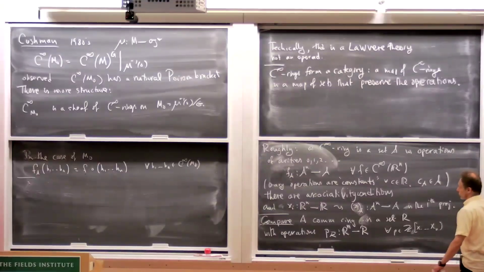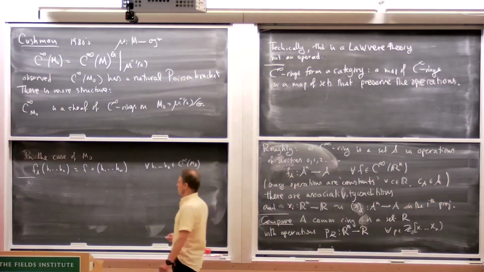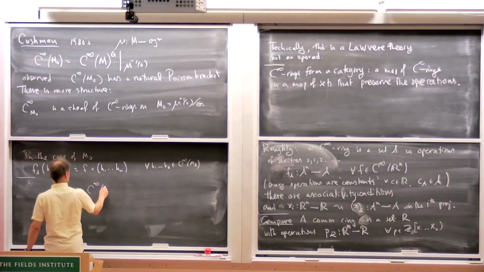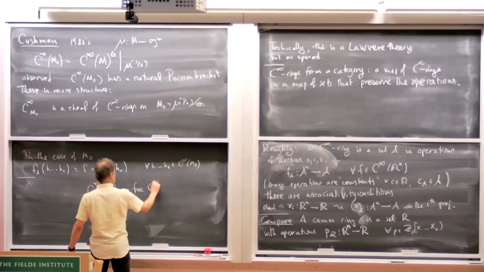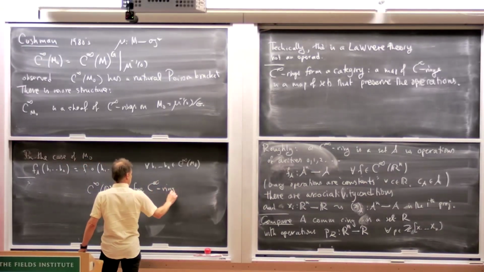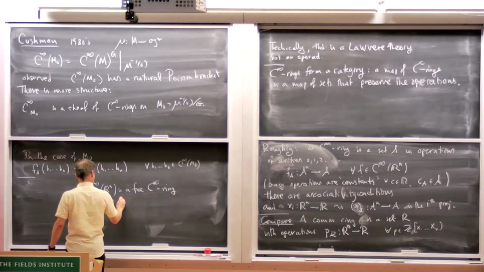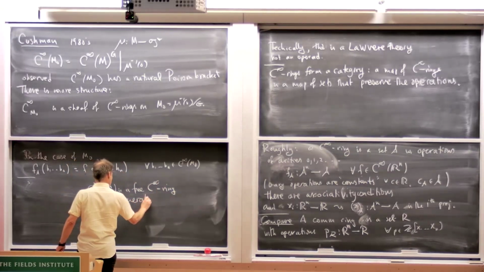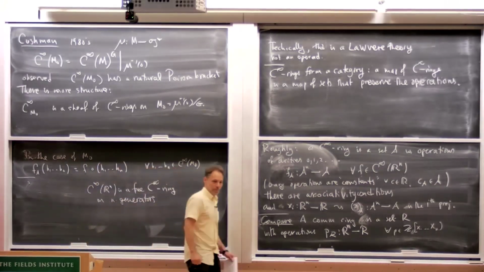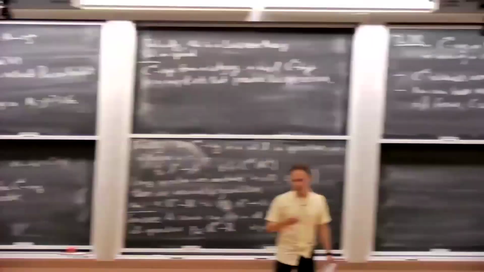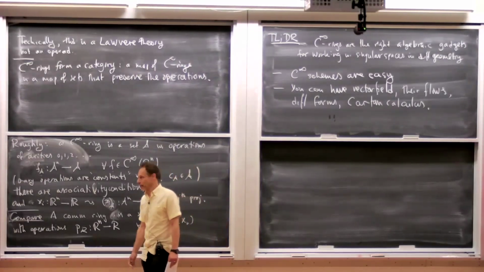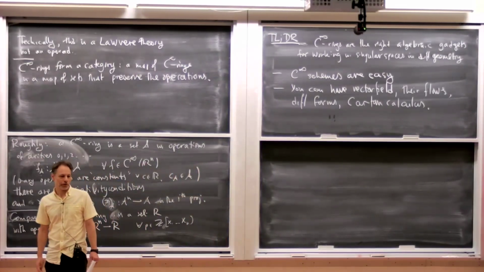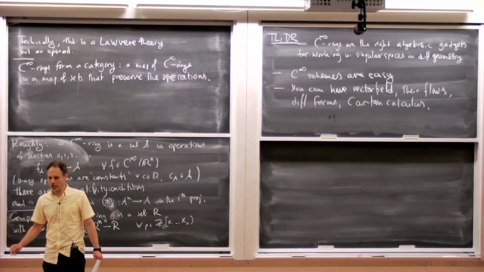Oh, here is an amusing fact. C-infinity R^n is a free C-infinity ring on n generators. So if your manifolds are second countable and Hausdorff, they are finitely generated as C-infinity rings, and in fact, they're finitely presented.